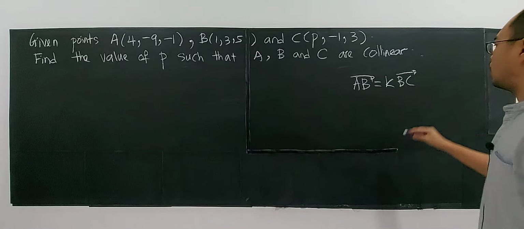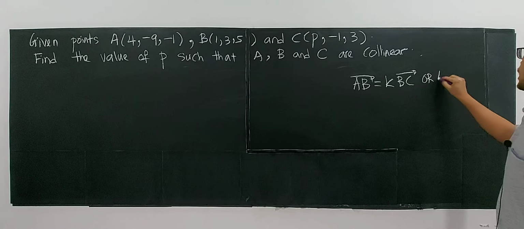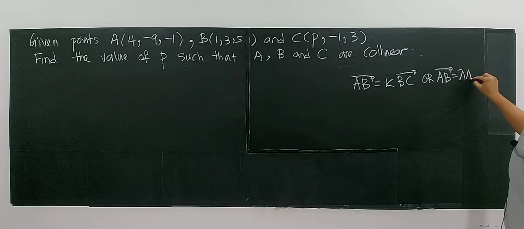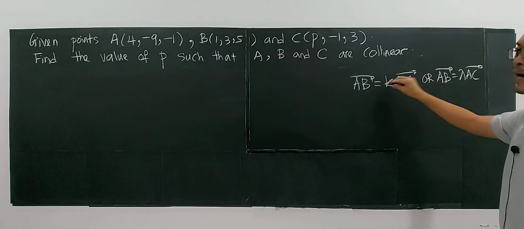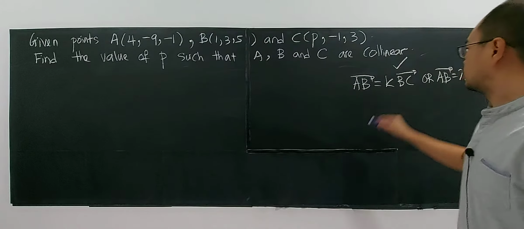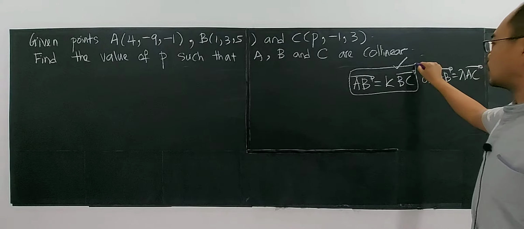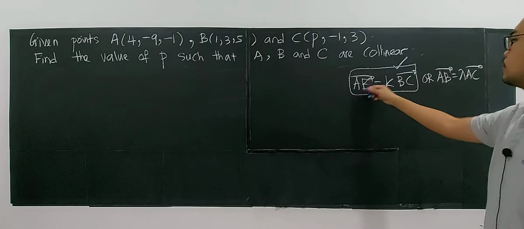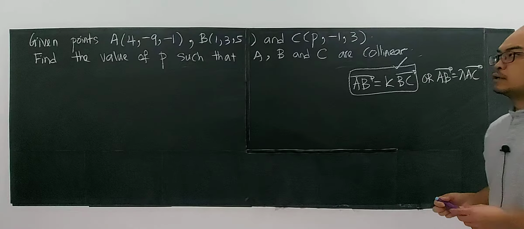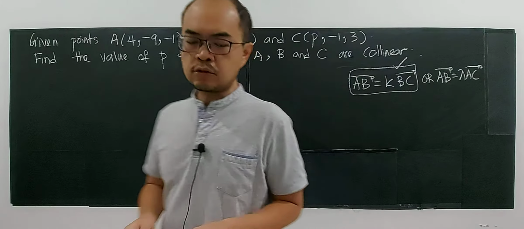Or you can rewrite it as AB equals lambda AC. You can use either one to find the value of P. I start by using this: AB equals alpha BC.